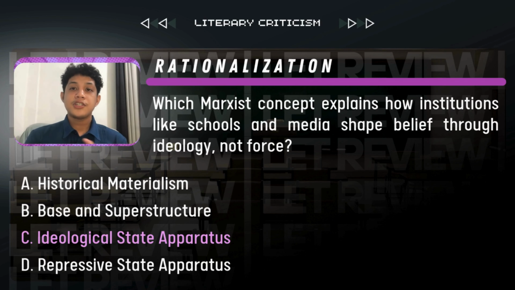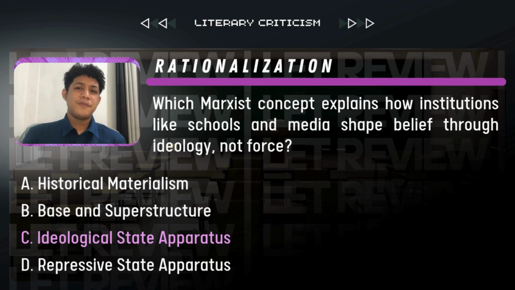So, moreover, historical materialism, in letter A, refers to Marx's view of history shaped by economic forces and not institutions. Lastly, base and superstructure, which describes how the economic base influences cultural and political superstructures, but doesn't explain ideological reproduction in depth.